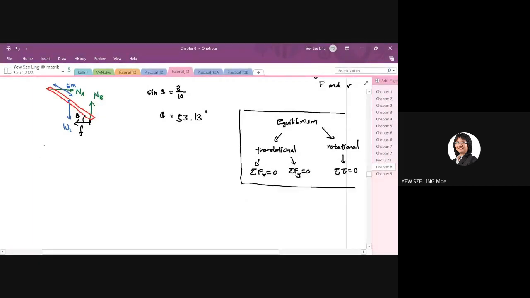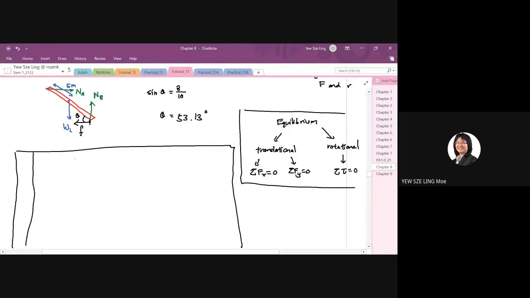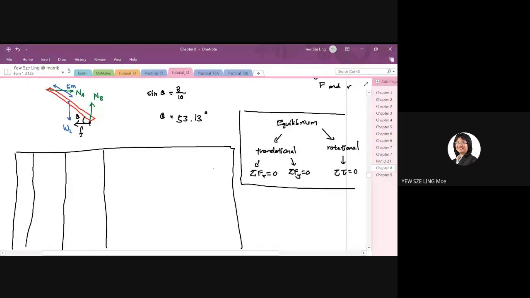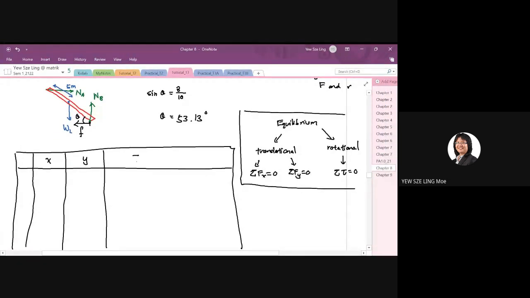All right, so now let's see how we are going to form the table. So I'm going to draw a table. The first column usually is the force, and then we have x, we have y, and the last one is the torque. So this is the x component, this is the y component, this is summation torque equals FR sine theta.